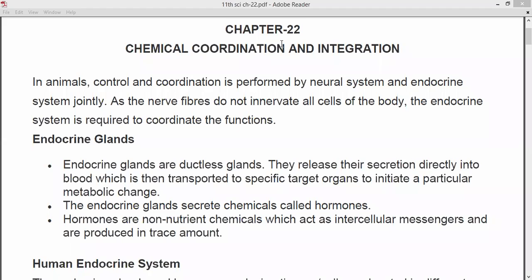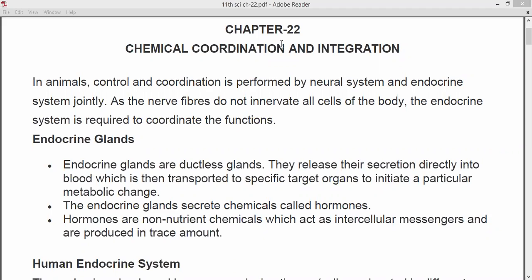Endocrine glands directly secrete their secretion into the bloodstream, and then through the blood, it is transported to specific target organs to initiate a particular metabolic change.